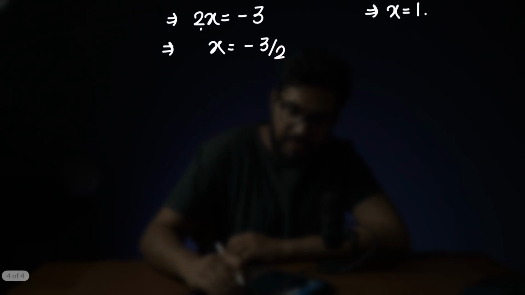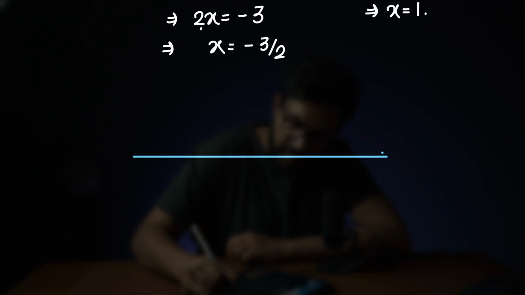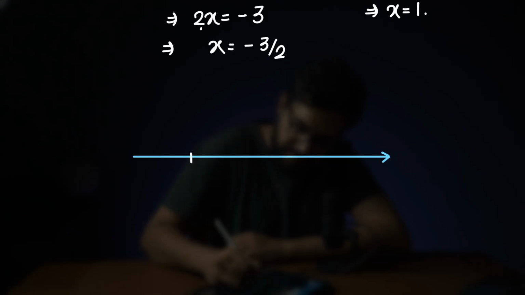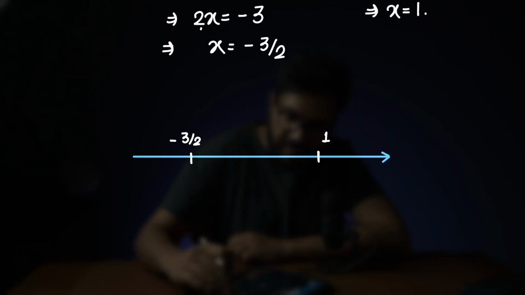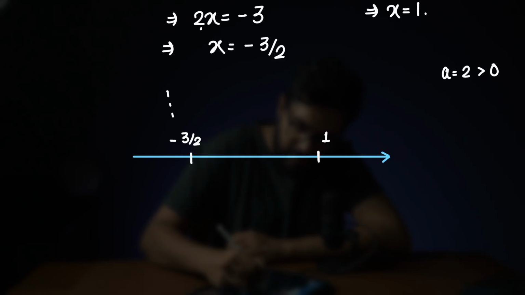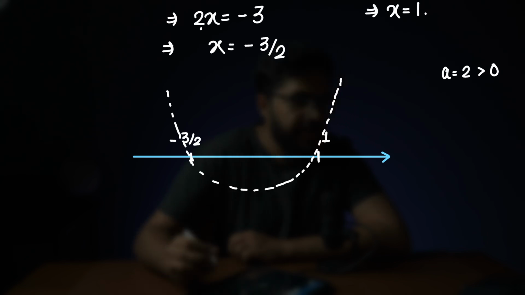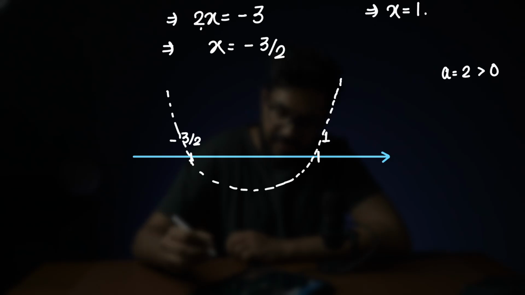Now we will do our sketching bit. So we have a parabola passing through minus 3 by 2 and positive 1. And since the coefficient of x square is 2, which is positive, it's going to be an upward parabola. I want to find points where my parabola is less than or equal to 0.